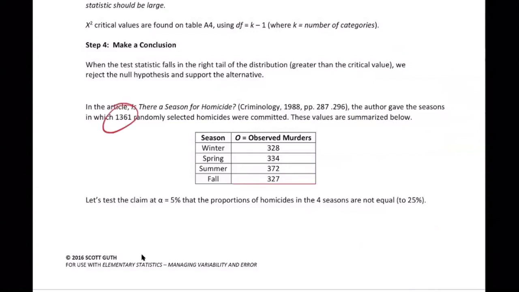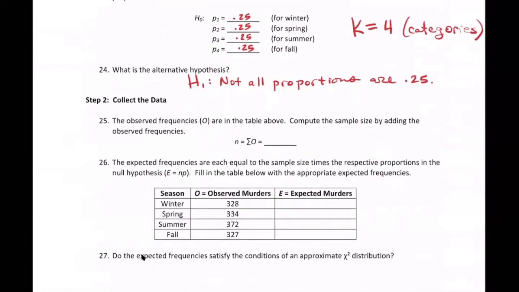So the total is 1361. So I think that's the sum of these. Okay, so I don't think we need to compute that. 1361 we can put in as our sample size. If they don't tell you, you have to add the observed frequencies up. Okay, any questions?